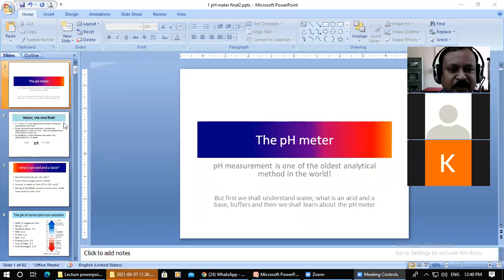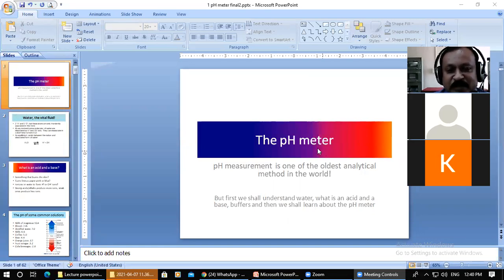Okay, so in today's lecture, we are going to see about the pH meter. This is again one of the very important instruments that is covered in your syllabus. But before we go to the instrument as such, I would first like to introduce you to some important concepts.